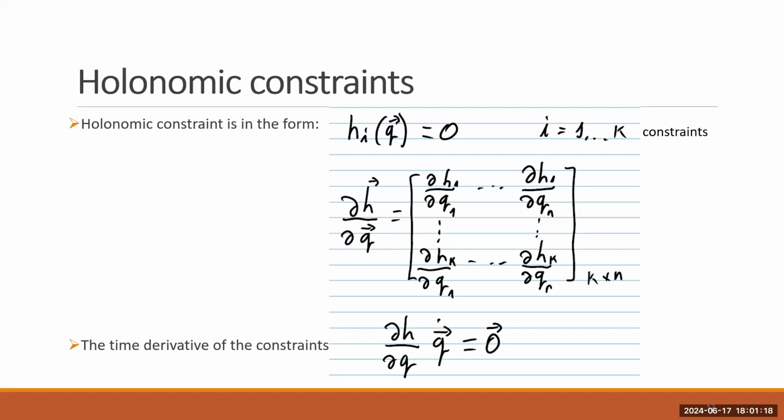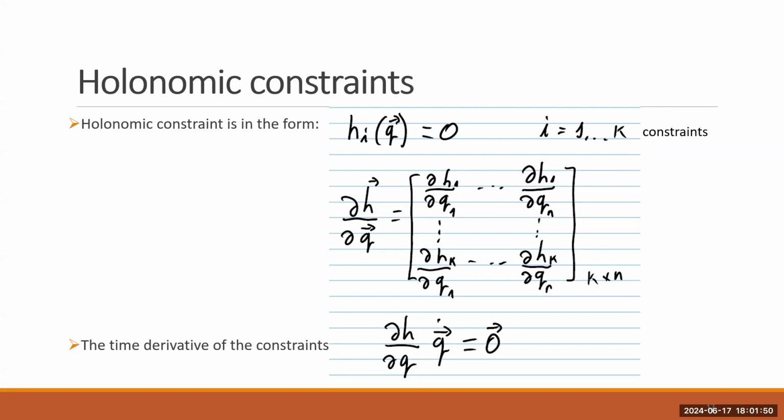But each holonomic constraint I can transform into a Pfaffian constraint. How do I do that? I simply take the derivative. If I take the derivative of the holonomic constraint, dh/dq times q dot, because h equals 0, the derivative of this is also 0. Therefore, dh/dq times q dot is 0.